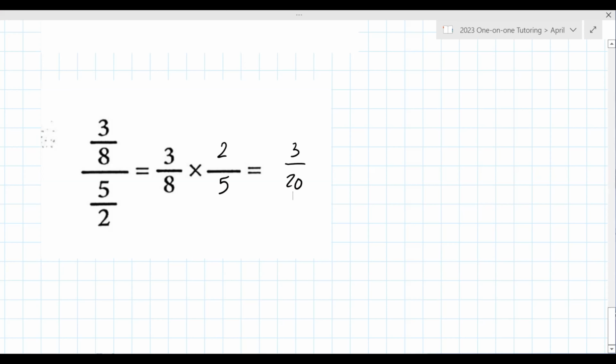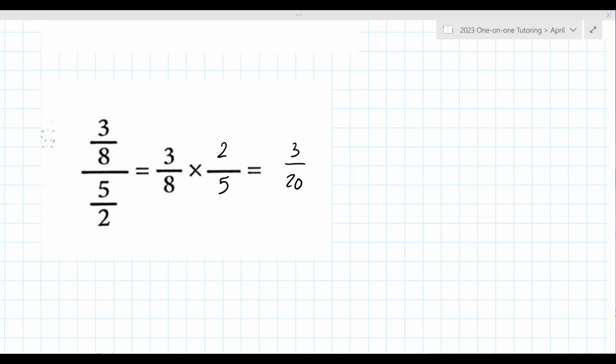30/28. It seems like you could reduce that. Yeah, you can reduce that. So it would be... and you have your numbers flipped. 14... oh wait.